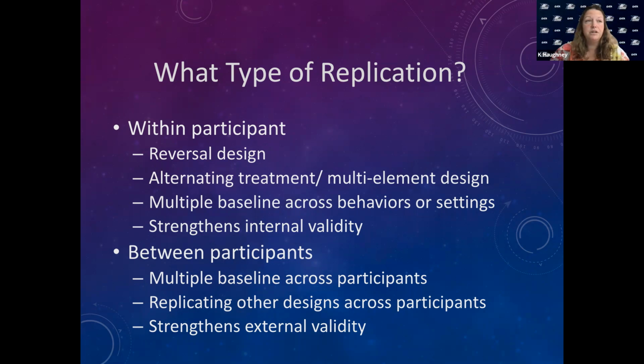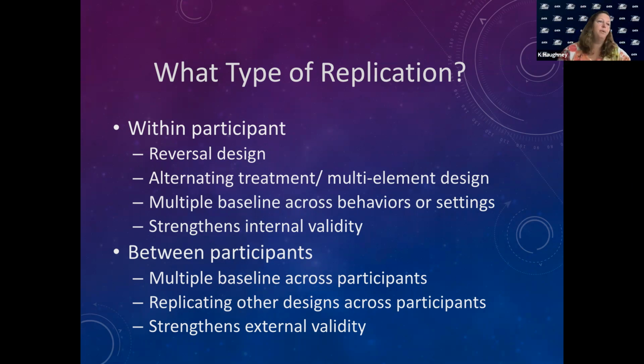You know, the standard is 3 to 5, but you can also use a single participant and measure what's happening with them across different behaviors, or across that same behavior but across different settings. How is this student using this intervention tool in the classroom, in their home environment, and out in the community?